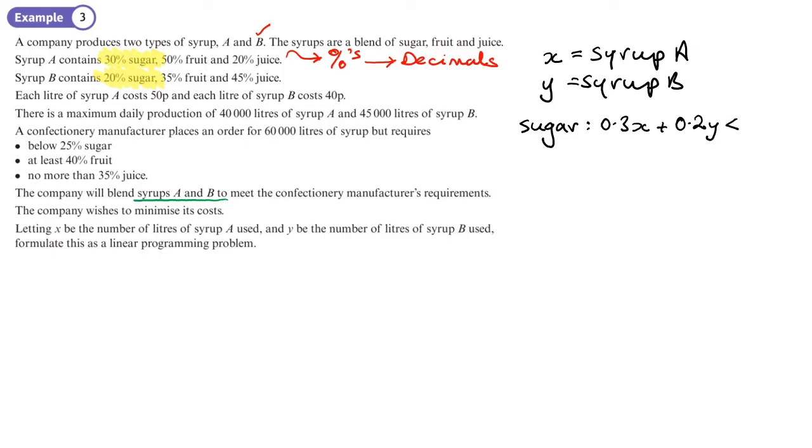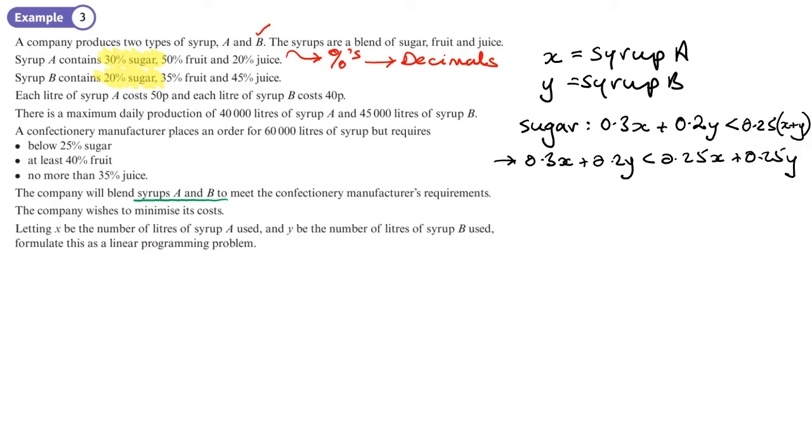So less than 0.25 of the blend, which is what you get when you put them together. So 0.25 times x plus y. So we want to simplify this if we can. Now, if we expand the brackets on the right hand side, we'll have 0.25x plus 0.25y.